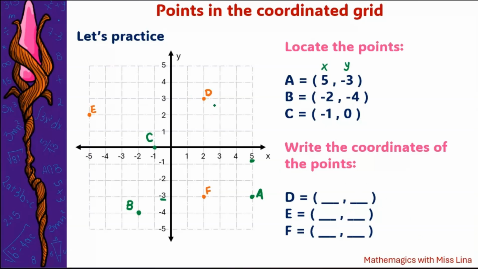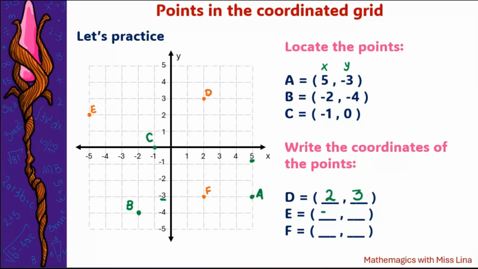So point D, we go down and we find 2, and we go to the vertical and we find the 3. So it's going to be the point 2, 3. E, it's here. So in the horizontal, we find the minus 5, and in the vertical, we find the 2.